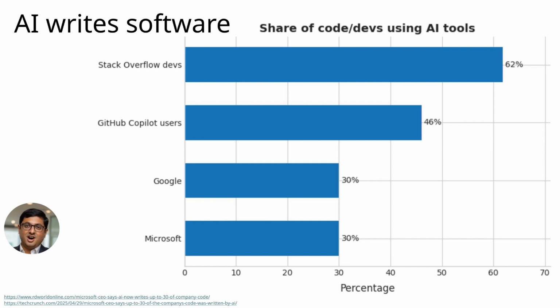And the pace is only increasing. Microsoft CTO Kevin Scott predicts that by 2030, up to 95% of all code could be AI generated. This rapid adoption is transforming software engineering, speeding up development, automating routine work, and enabling faster feature releases than ever before.